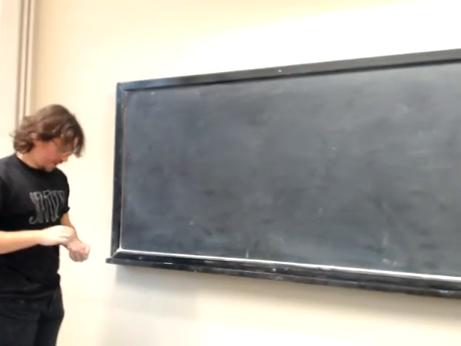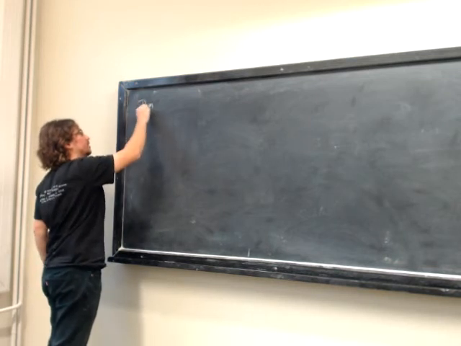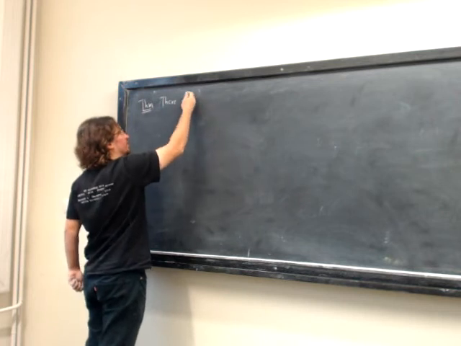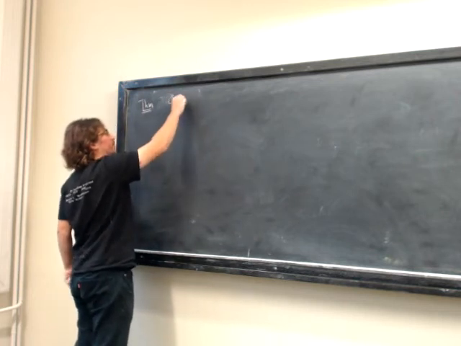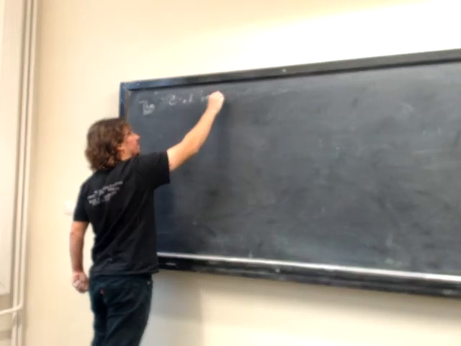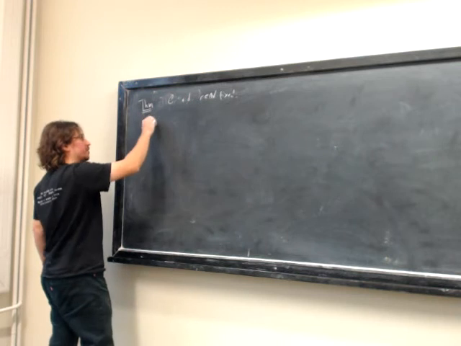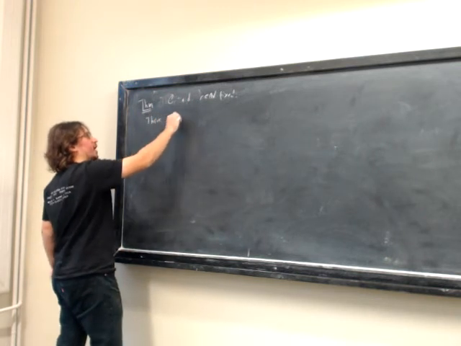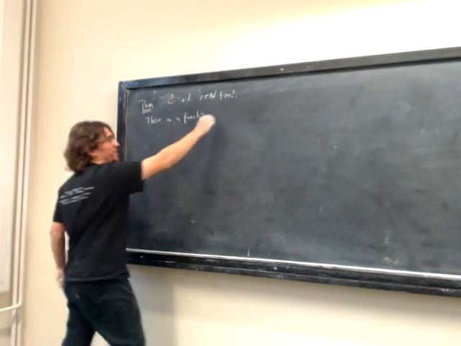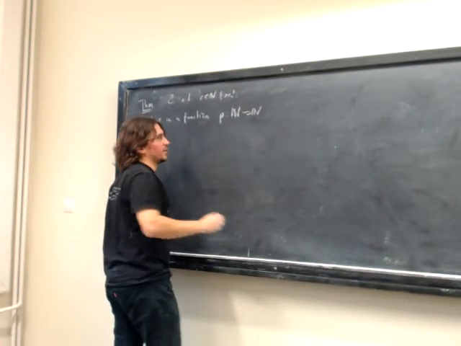So formally, the statement that I would like to prove, theorem, is that, okay, so C is nowhere dense, r is fixed. So then there is a function, how to call it, p. Yeah?